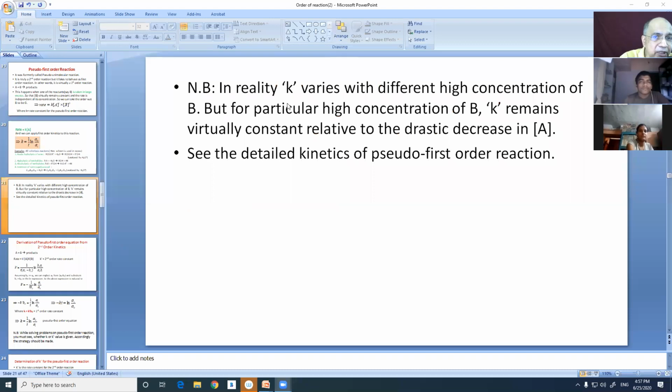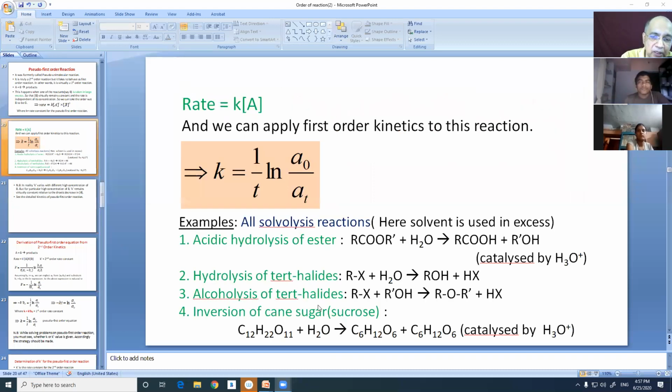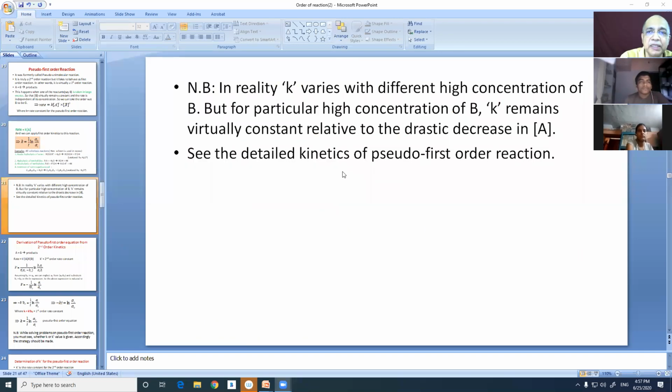So after having written these examples of pseudo first order, let me tell you, that constant K is the constant for the pseudo first order process, not the K for the second order process. It is really a second order reaction, but this K is the K for the first order process.